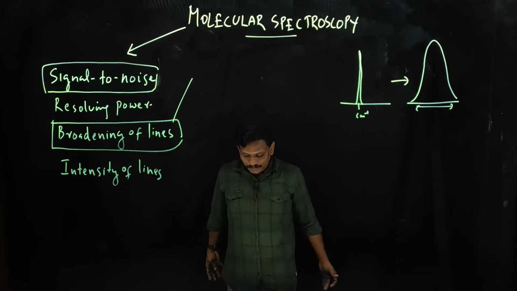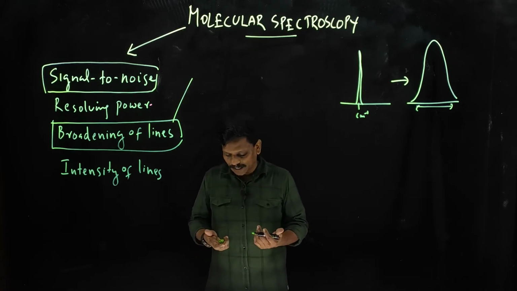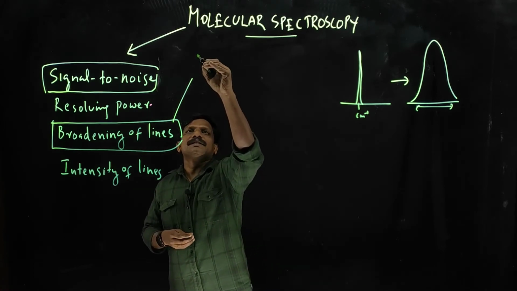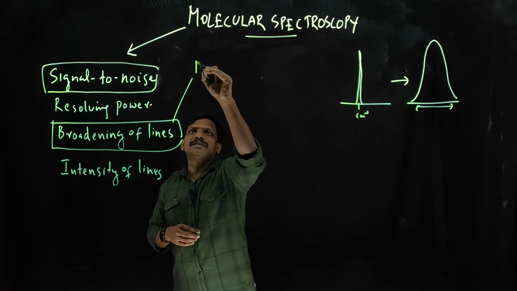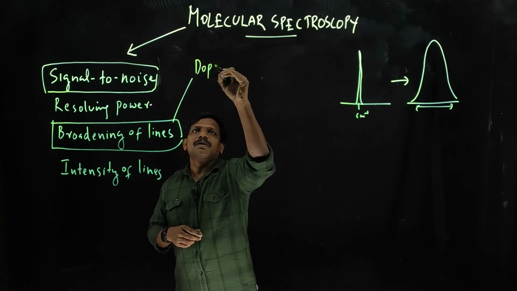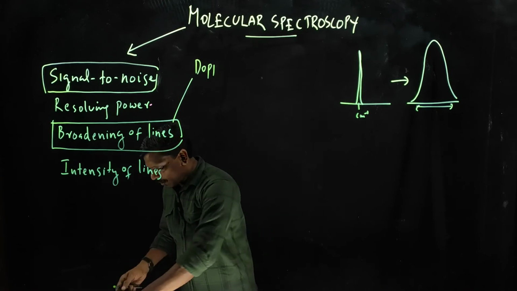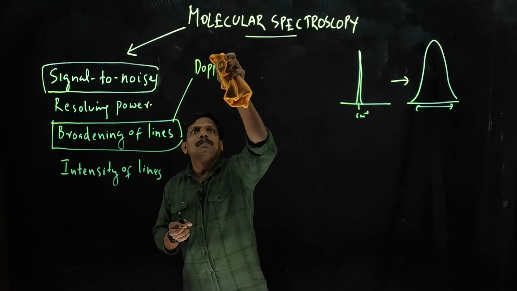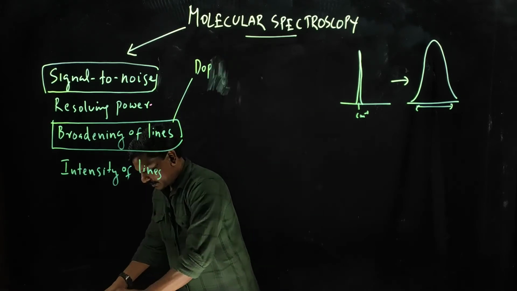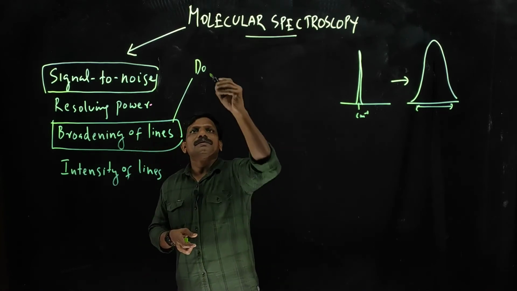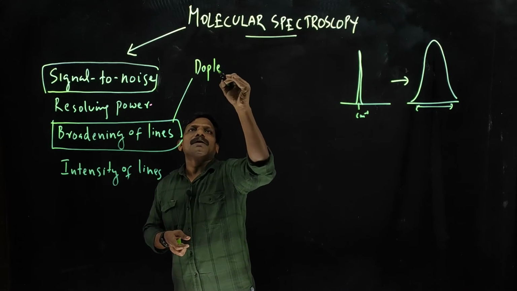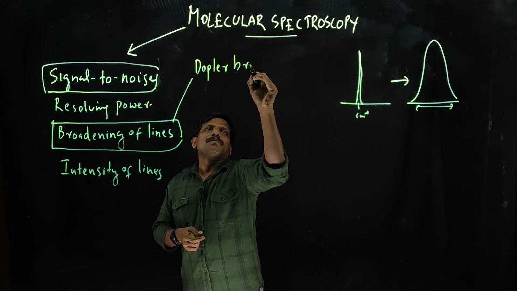So why does broadening of spectral lines occur? There are three reasons. The first reason is known as Doppler broadening.